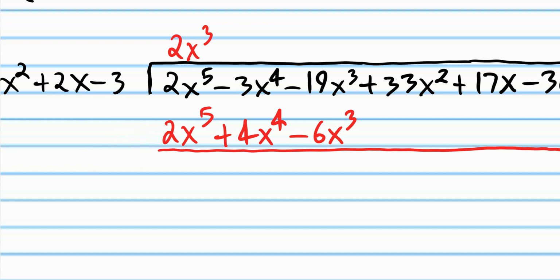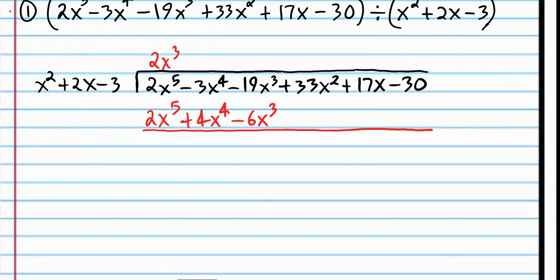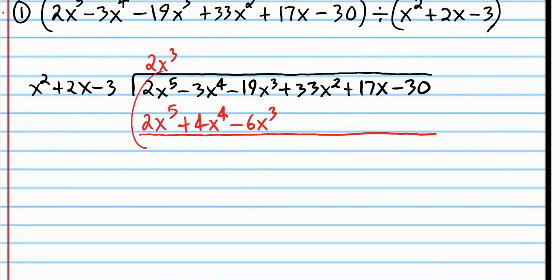So we can just remember that we're subtracting. So we're going to subtract these. These are like terms, but notice that those are the same terms, so we'll just get 0. We have x to the fourth terms, so we can subtract those. Negative 3x to the fourth minus 4x to the fourth is negative 7x to the fourth.